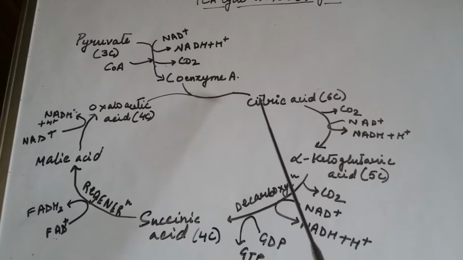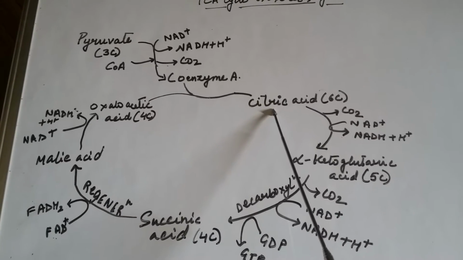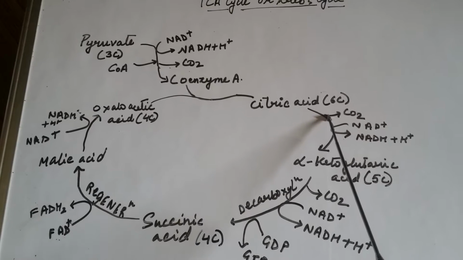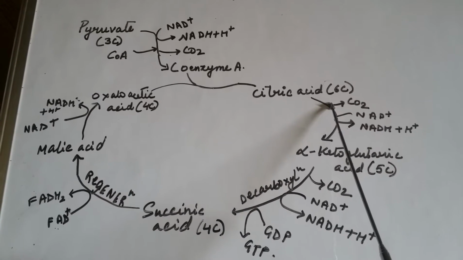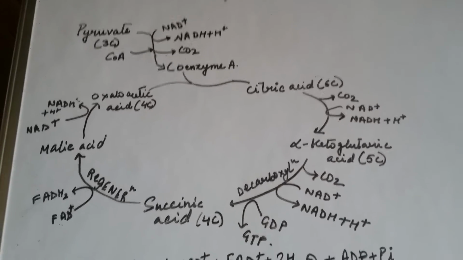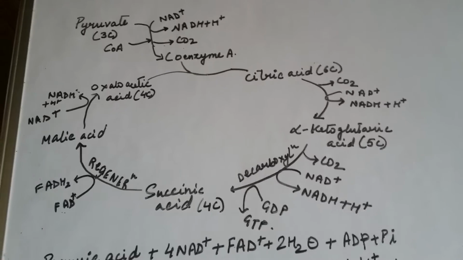The citrate is then isomerized to isocitrate, which is followed by 2 successive carboxylations and leads to the formation of alpha ketoglutaric acid and succinyl coenzyme A or succinic acid.